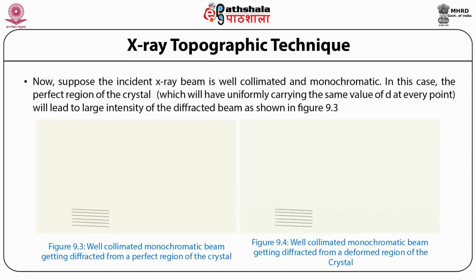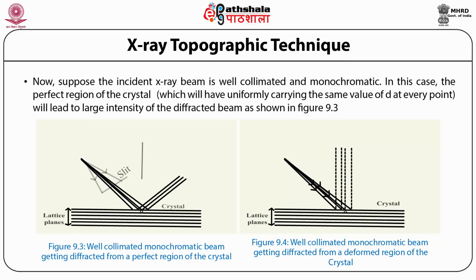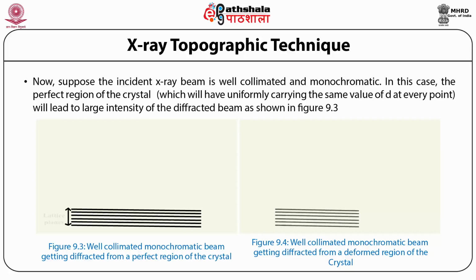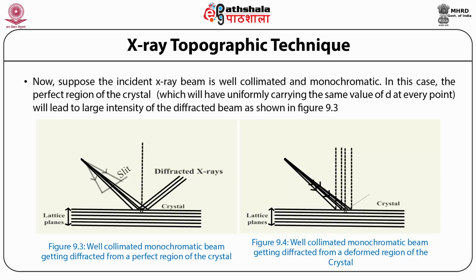Now suppose the incident X-ray beam is well collimated and monochromatic. In this case, the perfect region of the crystal, which will have the same value of d at every point, will lead to large intensity of the diffracted beam, as shown in figure 9.3.